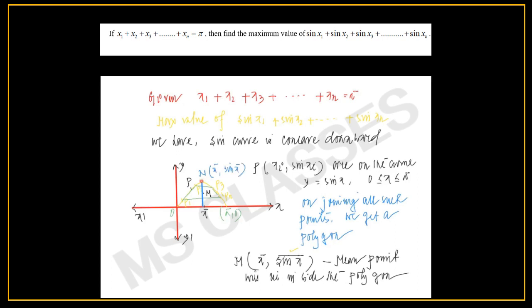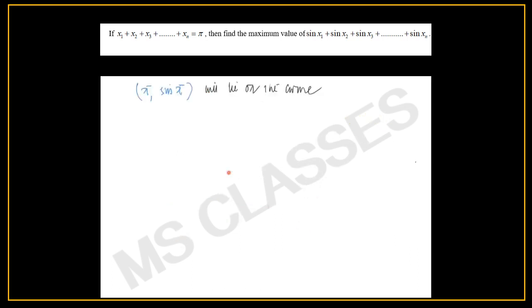Naturally we can understand that this height is MP and this complete height is NP. So from this I can say that MP is less than NP. What is MP? It is the bar of sine x, which is less than sine of x bar.